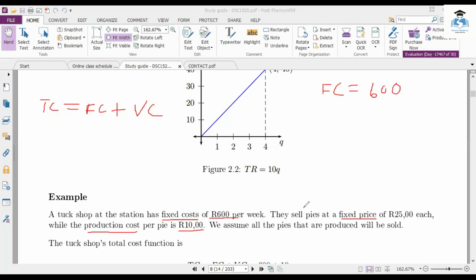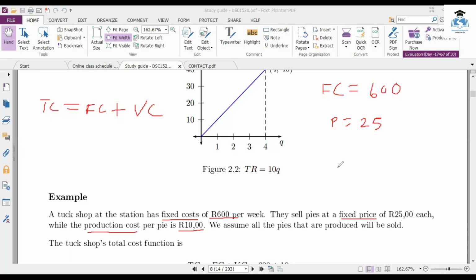Now, we are also told that they sell pies at a fixed price. So we've got a price of 25 Rand each, while the production cost per pie is 10 Rand.